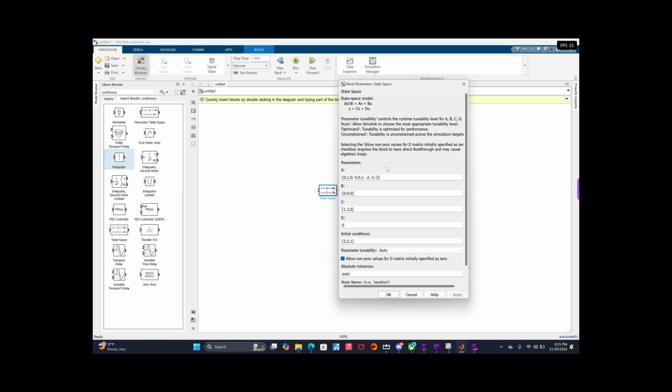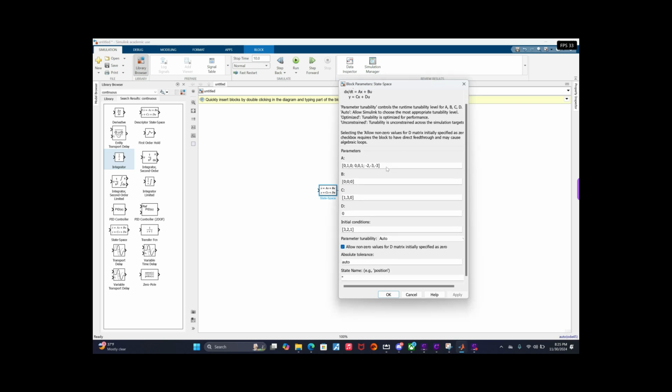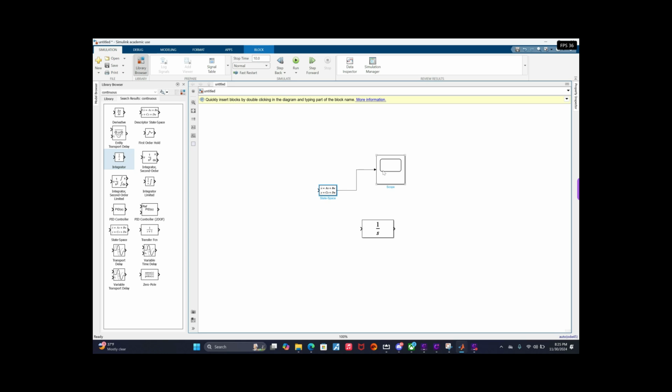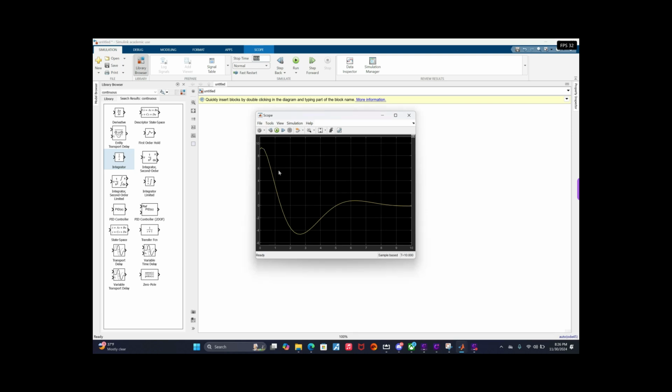Just copy what I've typed in here for the Simulink problem. And then tie the output of this to the scope. This is called a state space block. You should find it in the continuous section. Tie the output to the scope, and then you run for 10 seconds, set the time to 10, run, and then your graph should look something like this.